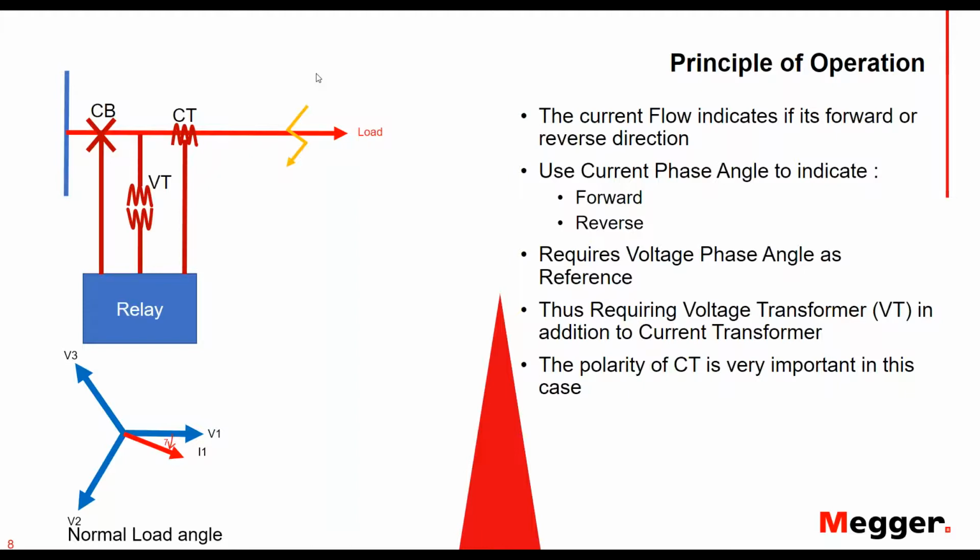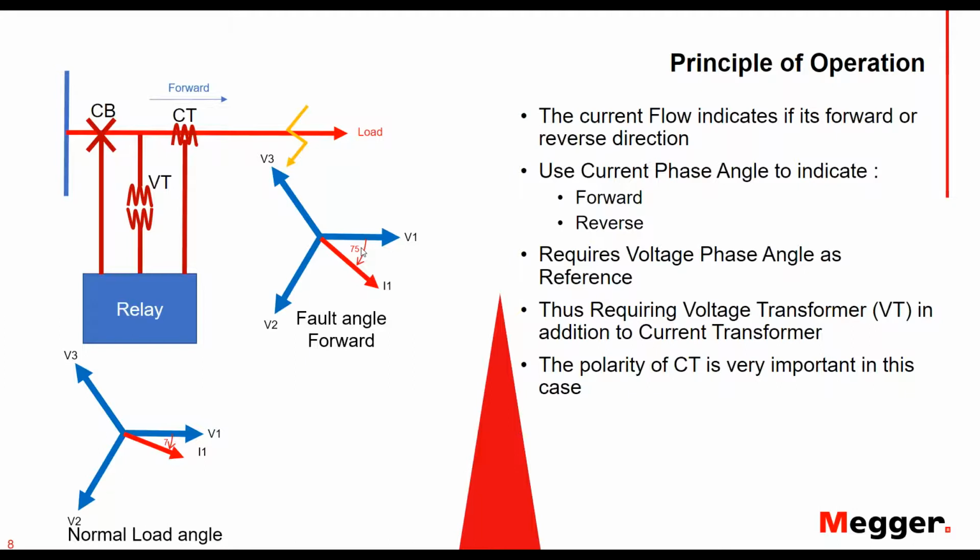Because your line impedance is highly inductive, the phase angle of your current in the forward direction, meaning current coming out of the bus to the line, will be in the 60 to 90 degree range. So 75 degrees will be mostly the angle in this range for your fault.